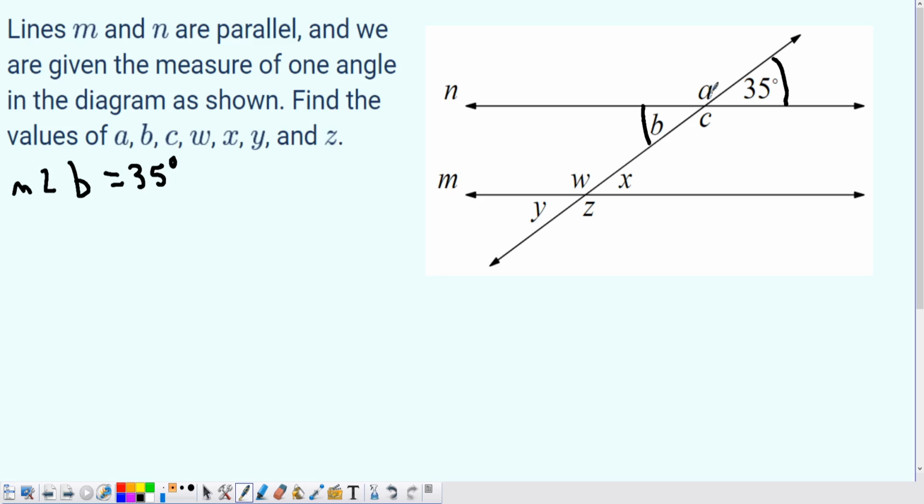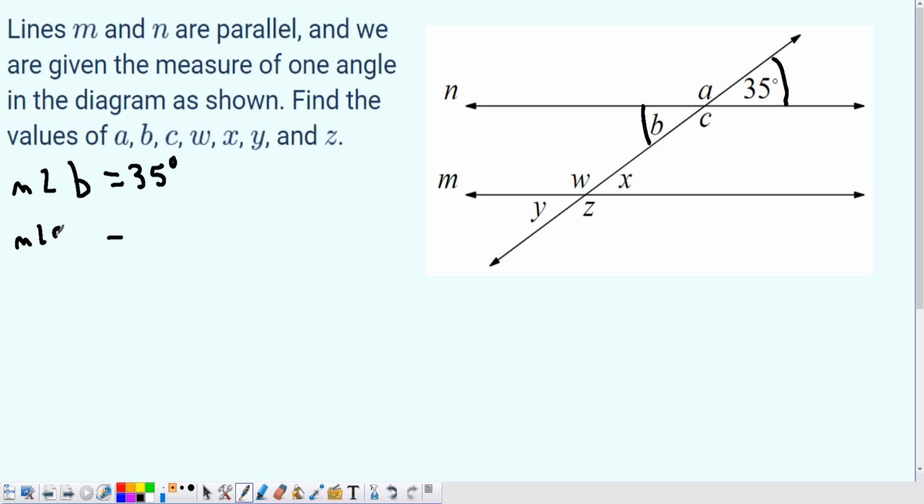Now, the angle A and the 35-degree angle are both what we call a straight angle, because if you took that entire measure, it would be the entire top half of that straight line, or you could think of it as a semicircle. So, what must the measure of angle A be?